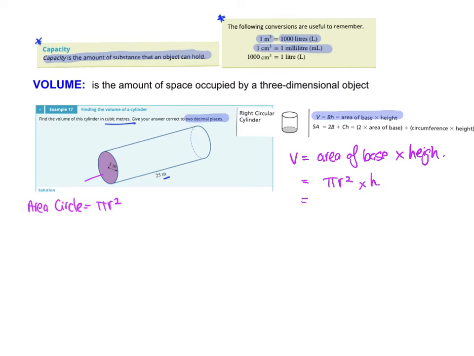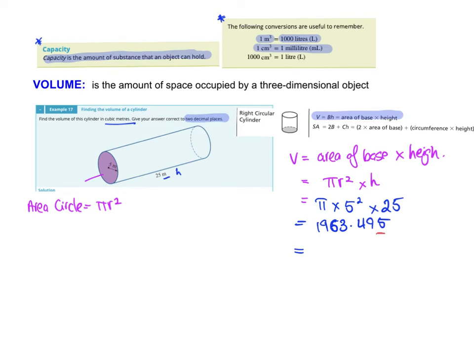If we pop in the numbers that we're given, we've got pi times, now the radius I can see is 5 meters, so that'd be 5 squared, times the height of it, which is 25. So this is what I'm going to call the height. We'll pop that quickly on our calculator, and we get 1963.495. Because they said 2 decimal places, this 5 here will round that 9 up.